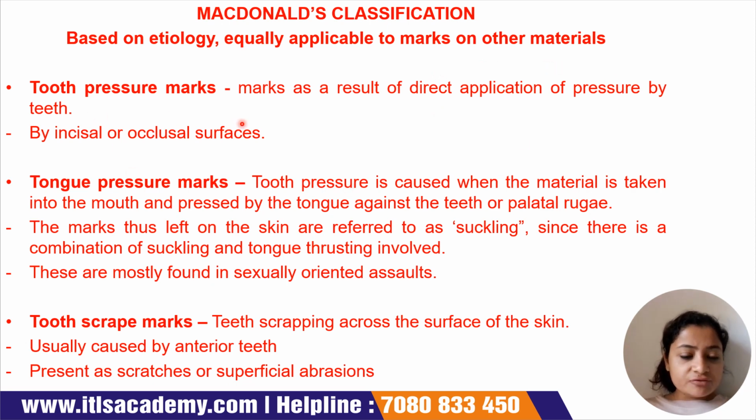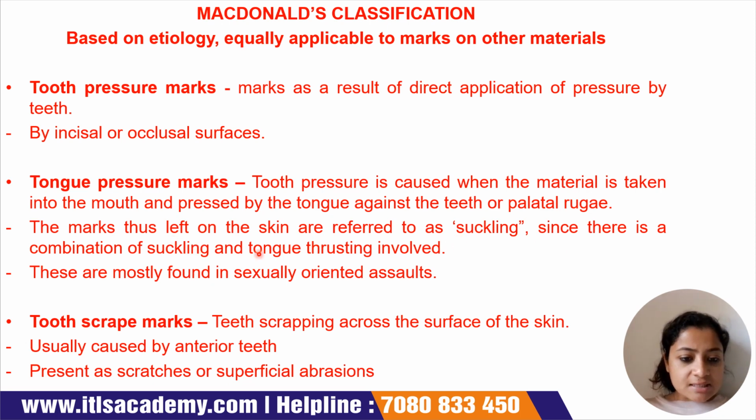So firstly, we have tooth pressure marks. These are the marks as a result of direct application of pressure by teeth. It can be by incisional or occlusal surfaces. Second is tongue pressure marks. Tongue pressure is caused when the material is taken into the mouth and pressed by the tongue against the teeth or palatal roof.